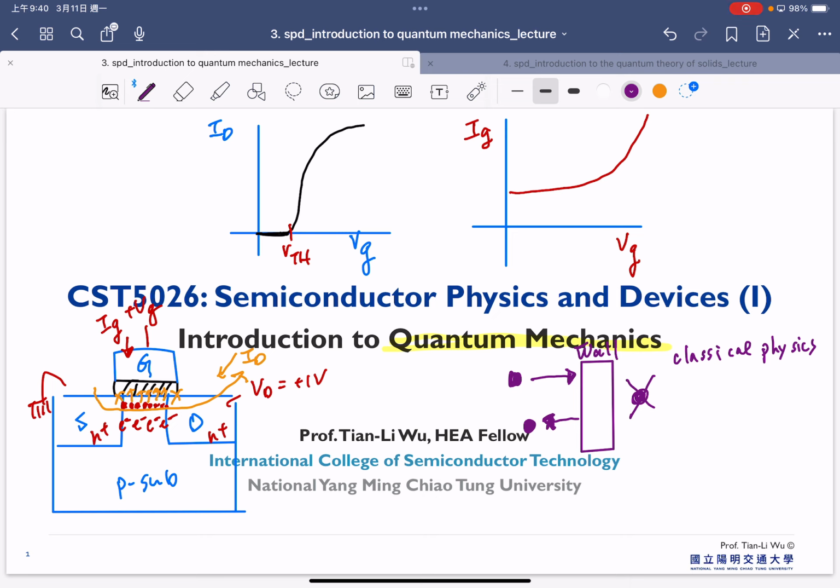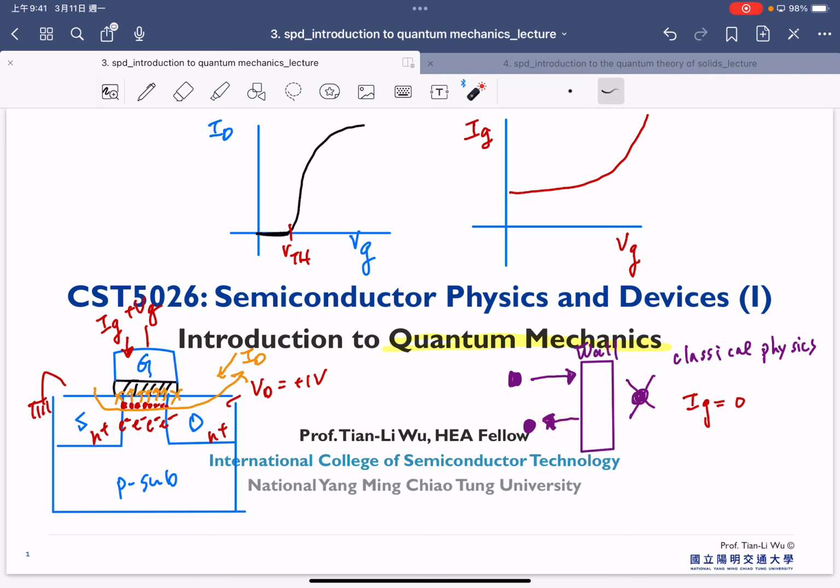But the problem is that if we try to use classical physics to understand our semiconductor, then based on classical physics, there should be no current. The gate current should be zero. That's exactly the case: you throw the ball against a wall, and the only thing that can happen is the ball will rebound, and you won't find the ball on the other side.